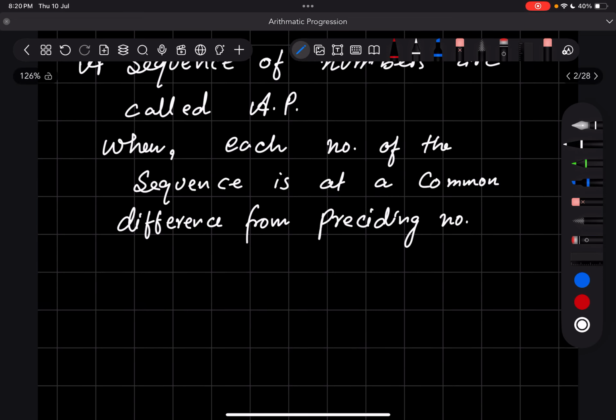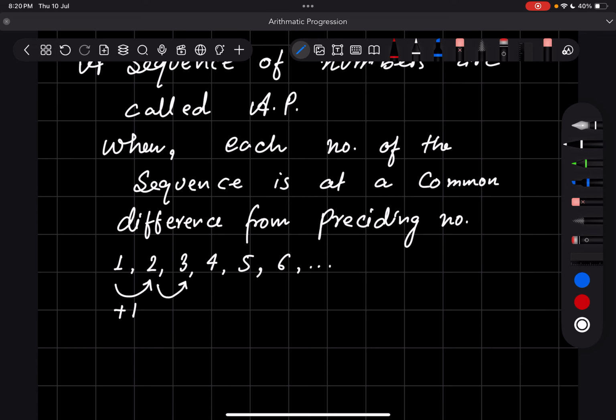Now let us take one example. If we take the example of counting numbers like 1, 2, 3, 4, 5, 6, and so on, we will find that the number 2 is at a common difference of 1 from its preceding number, that is 1.